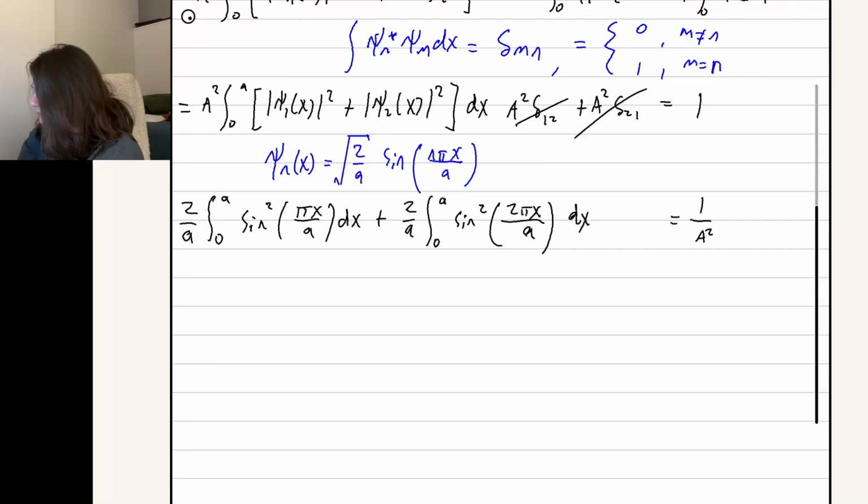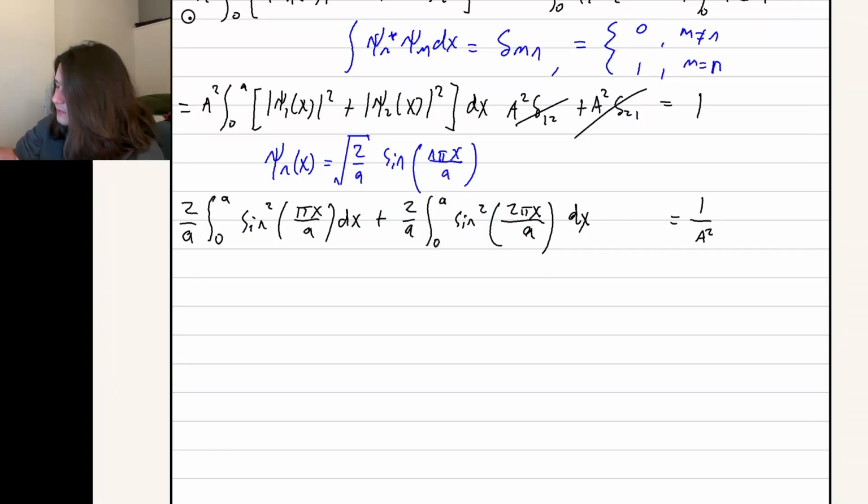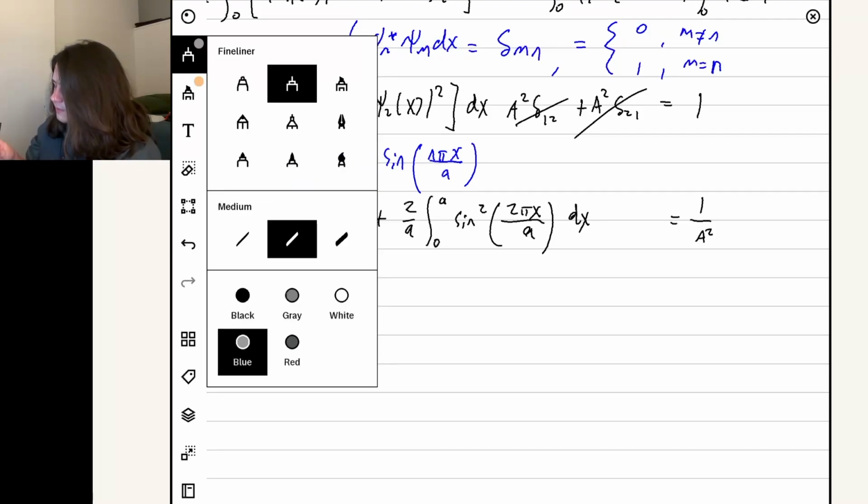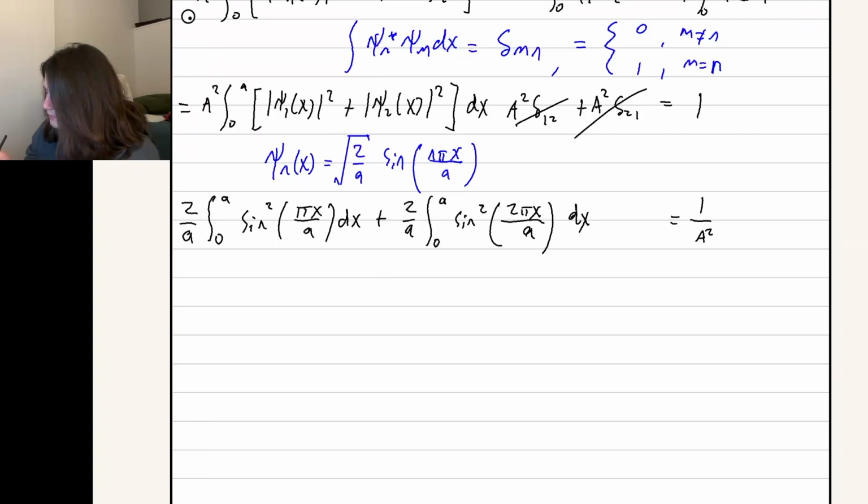I'm going to use a trig identity here, and I'm actually going to use it several times during this. It's that sine squared theta is equal to 1 minus cosine 2 theta over 2.